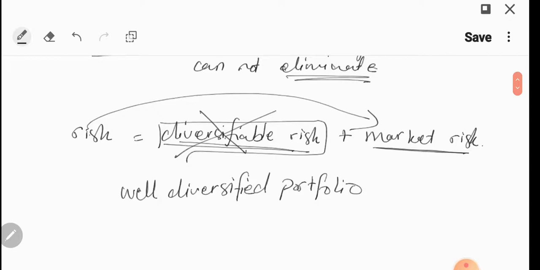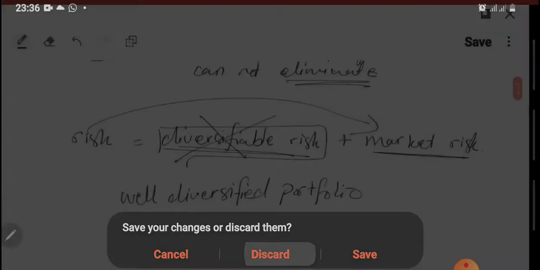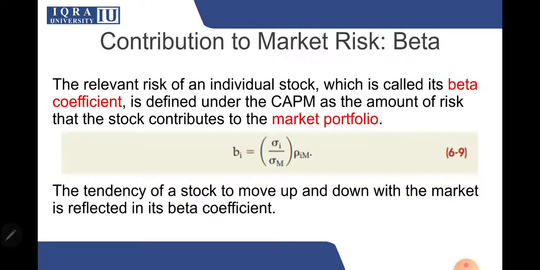So now let's go to today's topic. What is the contribution to the market risk? It is your beta, called your beta coefficient. The relevant risk of an individual stock, which is called its beta coefficient, is defined under the CAPM as the amount of risk that the stock contributes to the market portfolio.